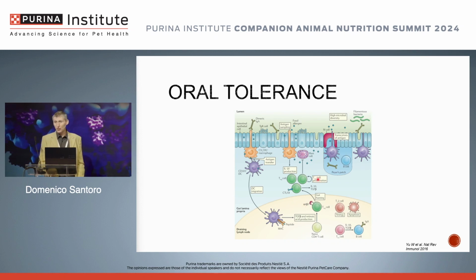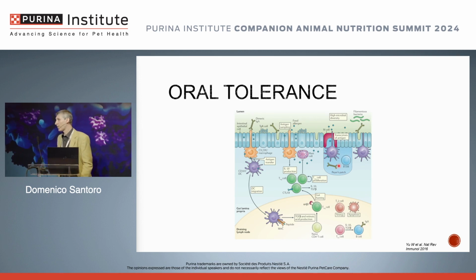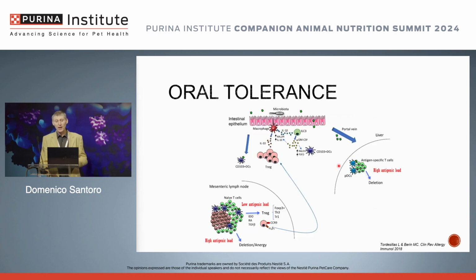So all of this is good and great. And also on this other side, dendritic cells can activate B cells to produce IgA. And we saw yesterday how important IgA is as a marker in our patient for good gut function. So that's all what is happening in normal. Obviously, when we have allergy, some of these mechanisms are not functioning.